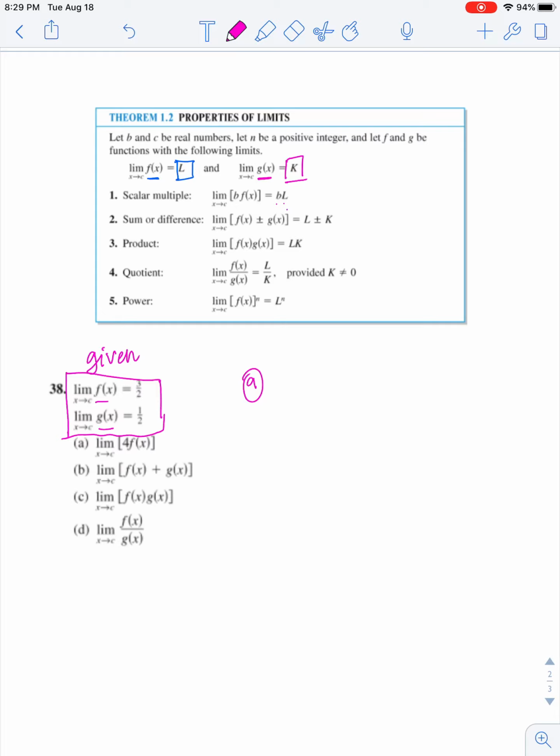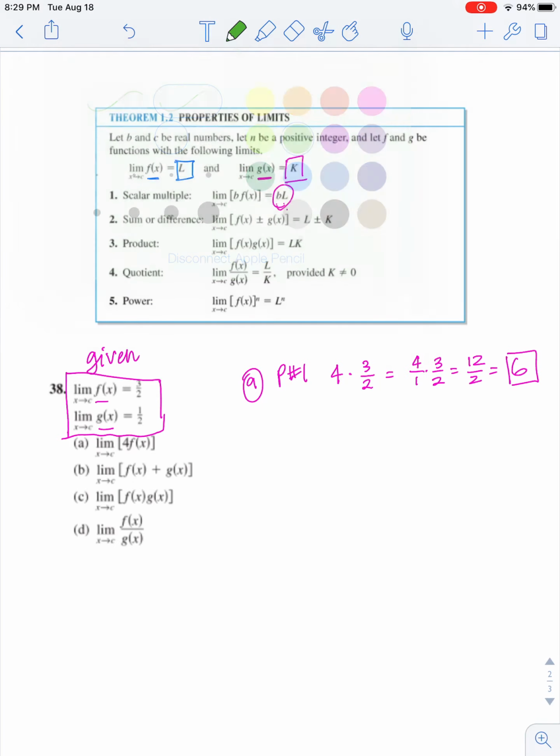This is property number 1. So I can just take that scalar, like b up here, and multiply it times the limit's value, which in this problem is f, which is 3/2. Remember that this is like 4 over 1 times 3 over 2. 12 divided by 2 gives us a big fat 6.